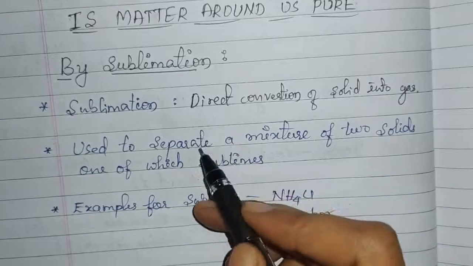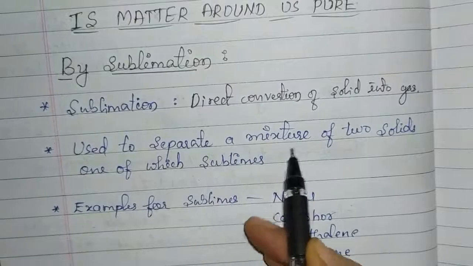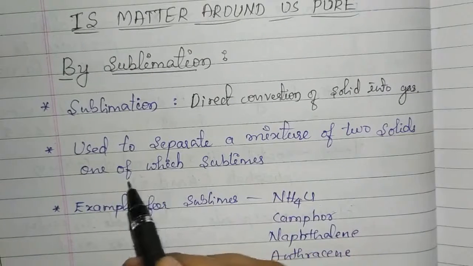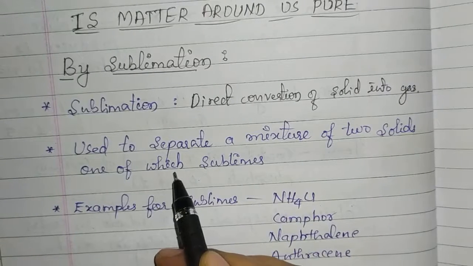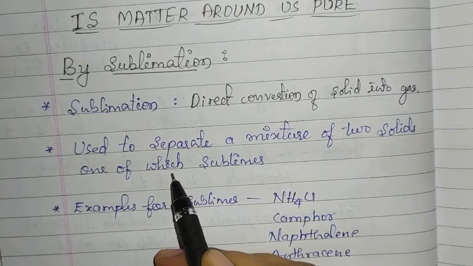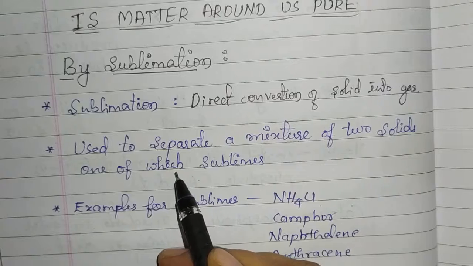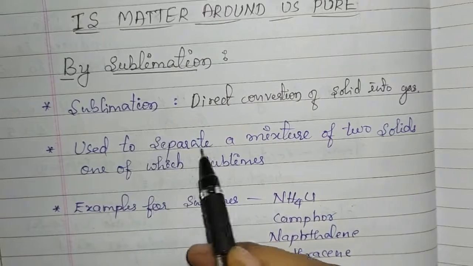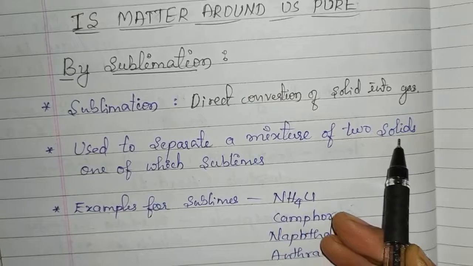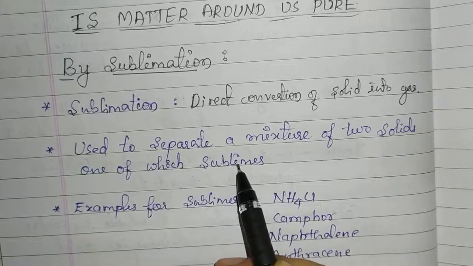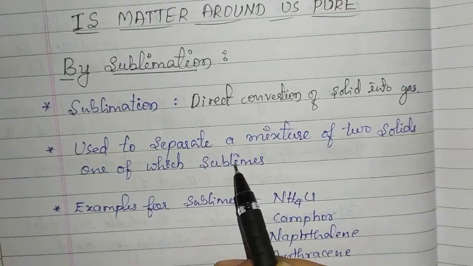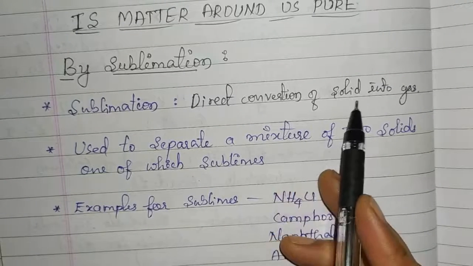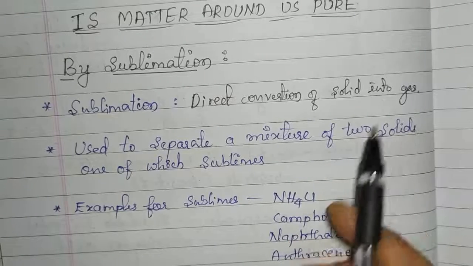This sublimation technique is used to separate a mixture of two solids in which one of the components is capable of undergoing sublimation. Or we can say that this technique is used to separate a mixture of two solids, one of which sublimes. It means one of the components is directly converted from solid into gas.